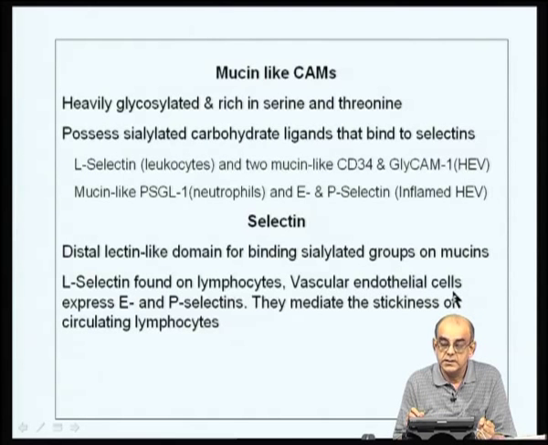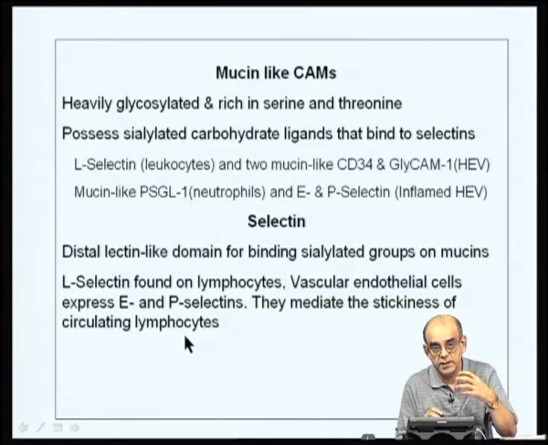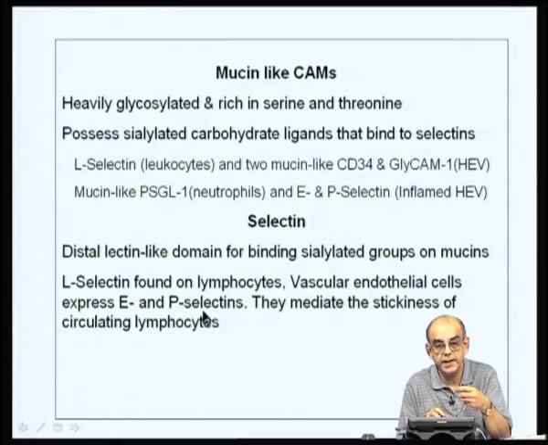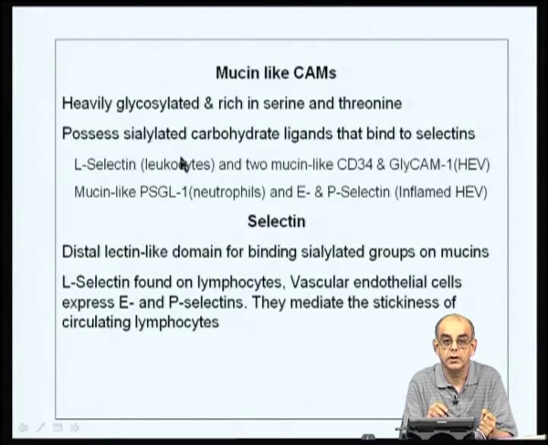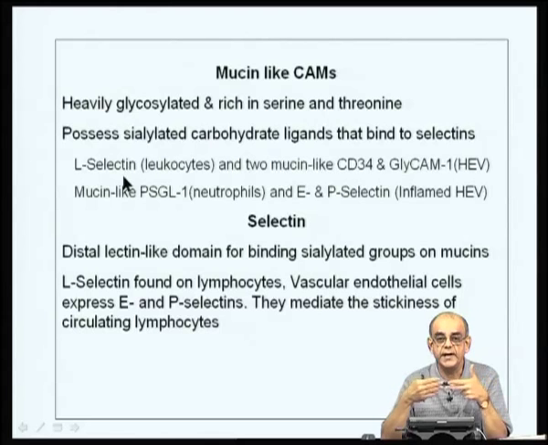Vascular endothelial cells, on the other hand, express E and P selectins. They are the ones that mediate the stickiness of the circulating lymphocyte. As I told you, these lymphocytes are circulating within the capillary, and when they start to stick, these are the selectin molecules that mediate the interaction with the adhesins expressed on the surface of endothelial cells. So, these molecules actually bind in pairs.